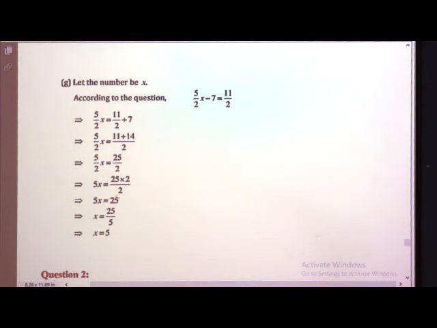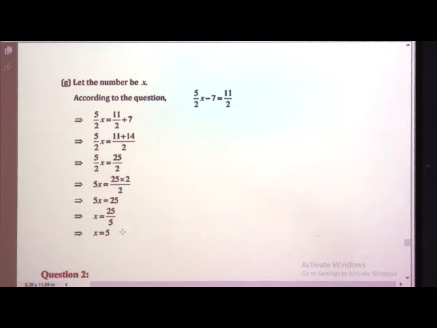So, here 5x is equal to, 2 gets cancelled, so it will be 25. Now it is easy to find that x is equal to 25 upon 5, because here it is multiplication, so we have to go for division. So, x is equal to 5. After reduction, we get the value of x is equal to 5.